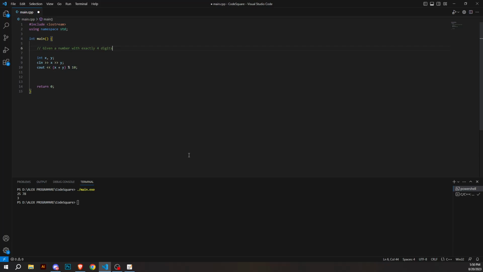Given a number with exactly 2 digits, that will be written from the console, please output the sum of its digits.